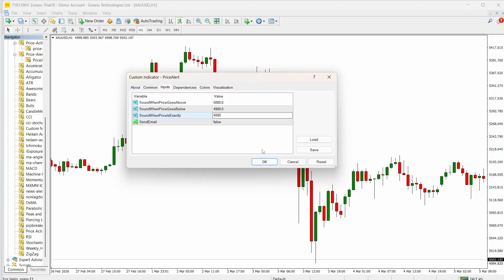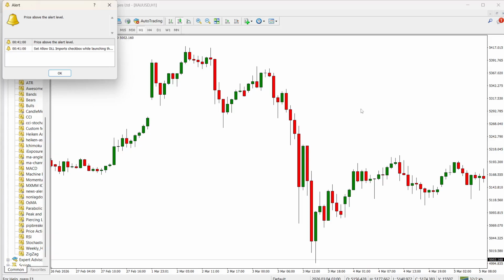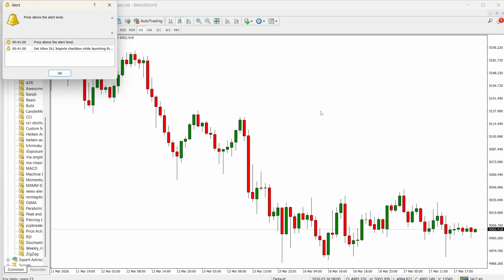All right. So this is typically me setting up the indicator. So that is basically how this works. So you can see it pops up, it sends an alert for when price reaches these thresholds.